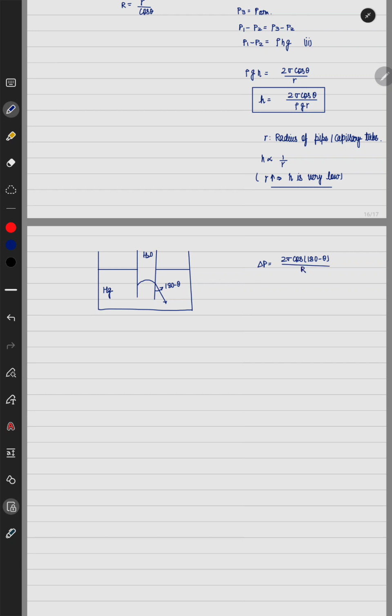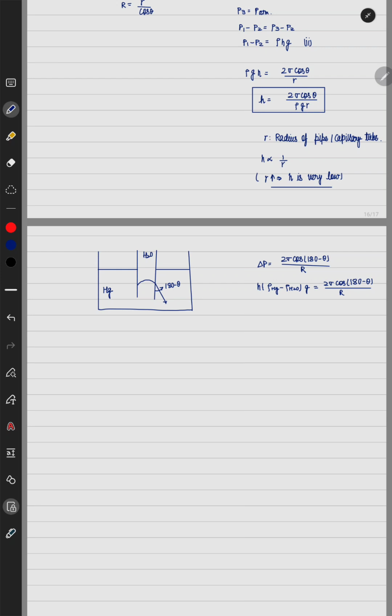And for delta P I can write (rho Hg minus rho water) into g times h is equal to 2 sigma cos of (180 minus theta) divided by r. From here I can find the value of h.